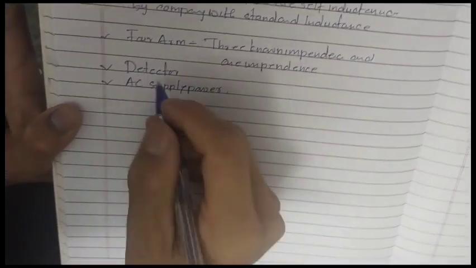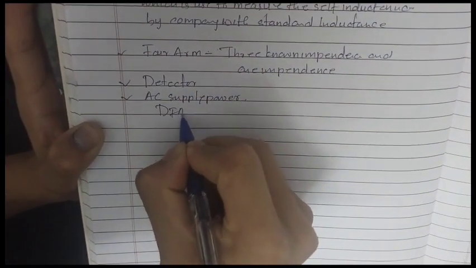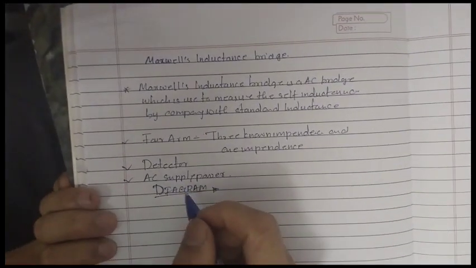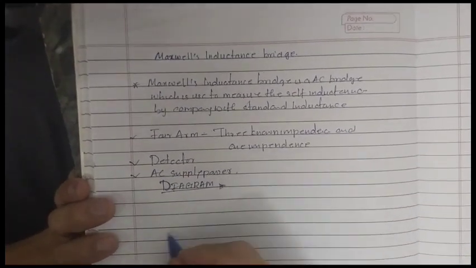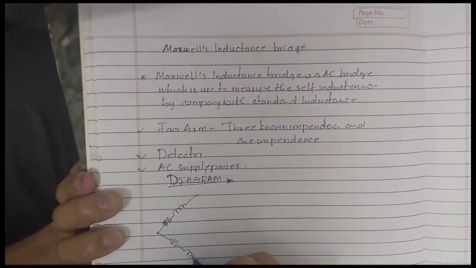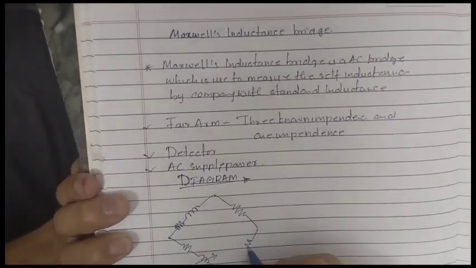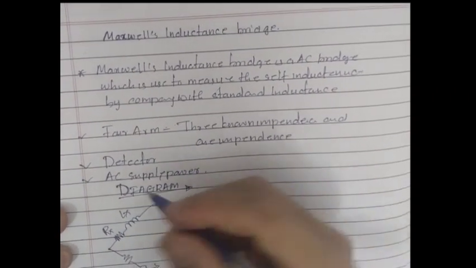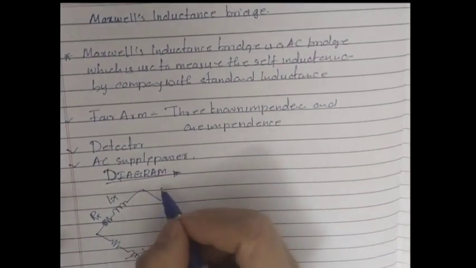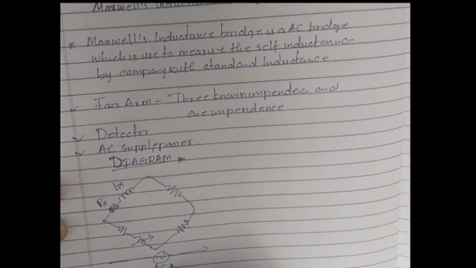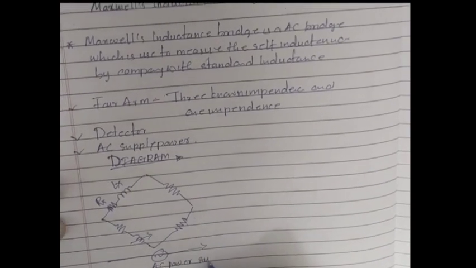Now let us look at the diagram of the Maxwell inductance bridge. This is the unknown resistance and unknown inductance, and this is the AC power supply.